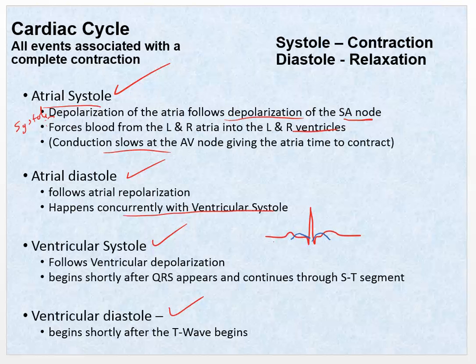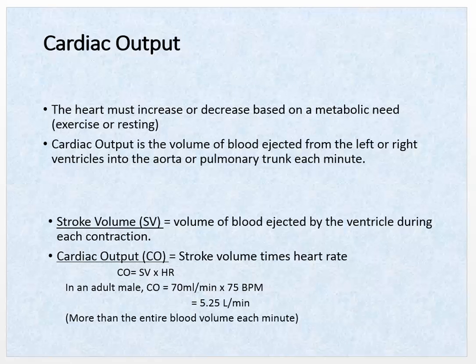I have a picture that's going to put all of this together, called the Wiggers diagram, coming up. So a couple of terms that you need to know, and these are just terms with a little bit of calculation idea.